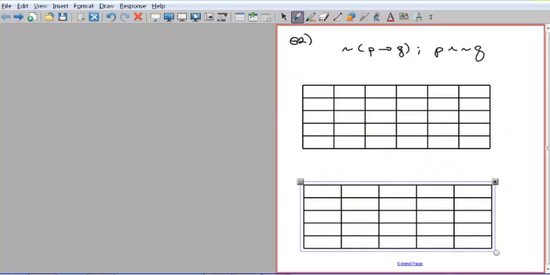Okay, so the negation of if P then Q. So write P, Q, the negation of the if-then statement. The whole idea here is that we're trying to replace the if-then statement using ands or ors and negations, just because in circuits it's easier to do the ands.